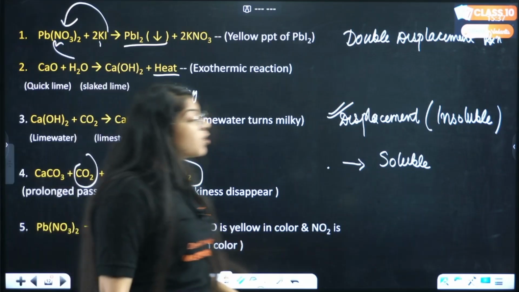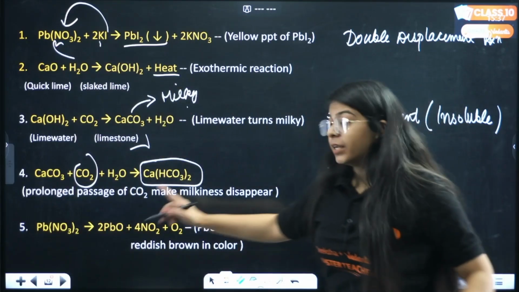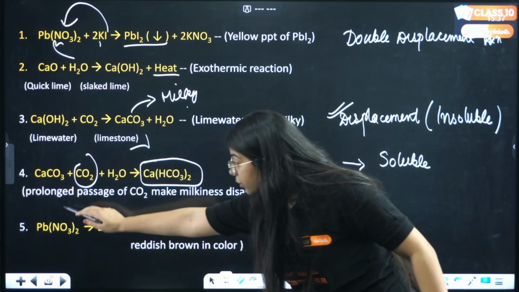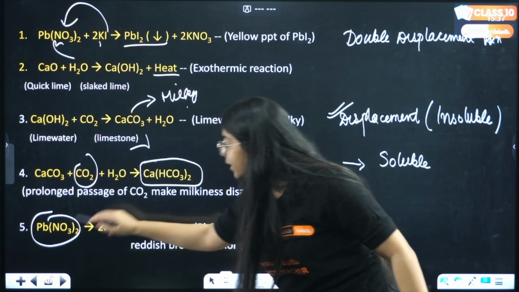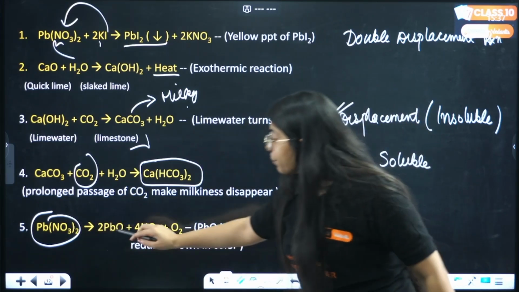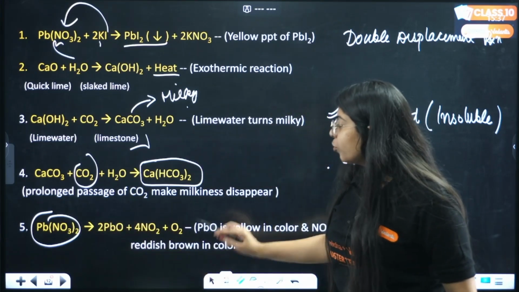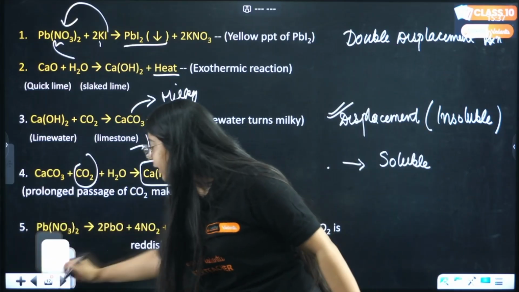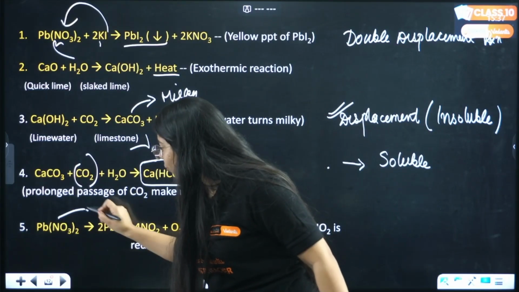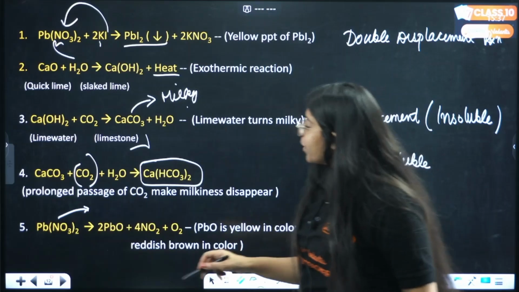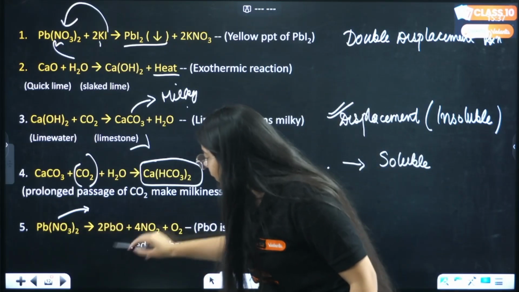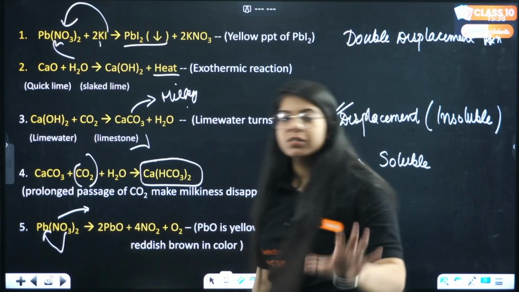Okay, the last we have Pb(NO3)2. So there is a single reactant. See, it got broken into PbO plus 4NO2 plus O2. In Pb(NO3)2, the N was like, I'm going, I don't want to stay with you guys. So Pb(NO3)2 broke into PbO. O was like, no, I will stay with lead.